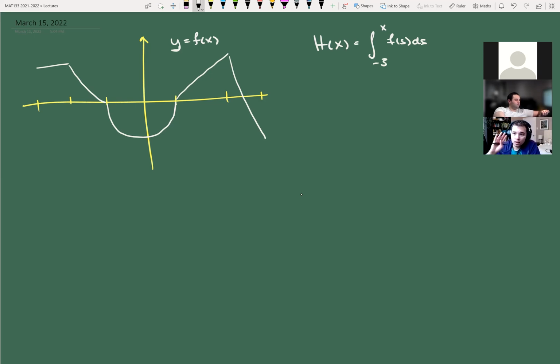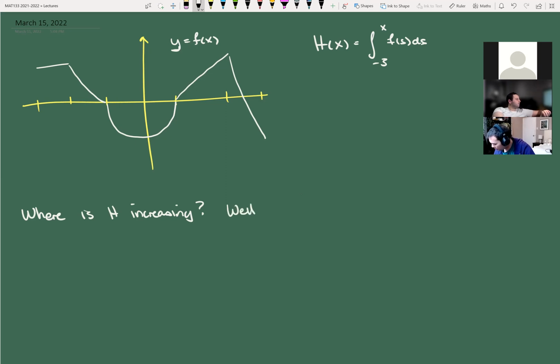Because the question asks, on which intervals is h increasing? And if you remember your derivative stuff and the fundamental theorem of calculus, you can determine where a function is increasing by looking at the sign of its derivative. So let's look at h prime.